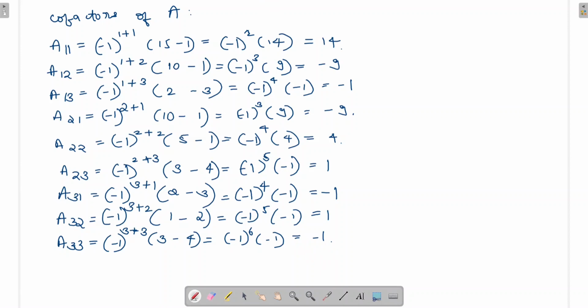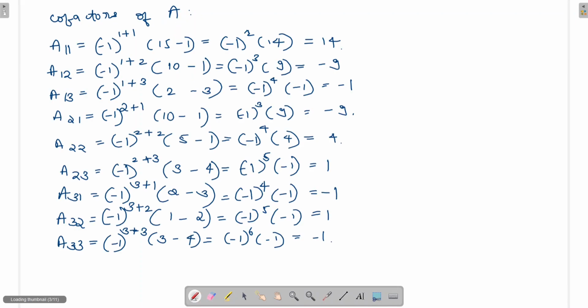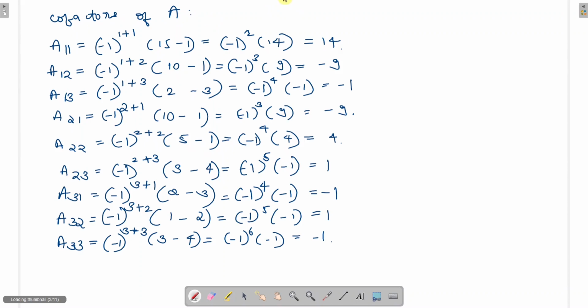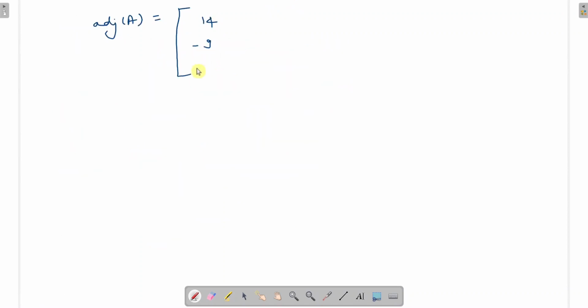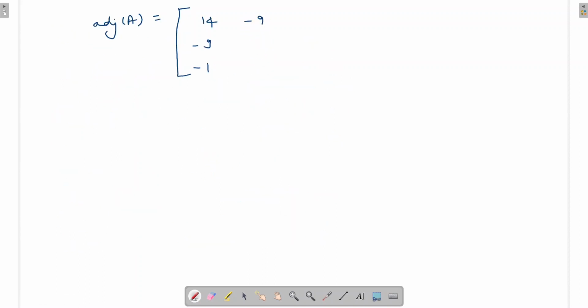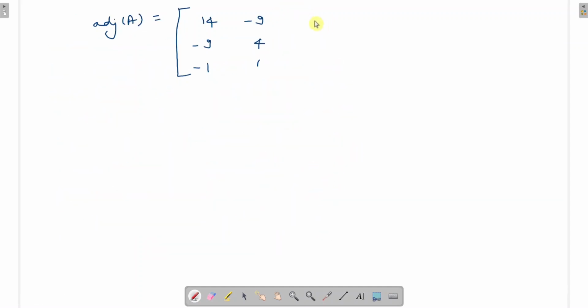Okay, so adjoint of A we can now write. So adjoint of A is equal to matrix 14, minus 9, minus 1, then minus 9, 4, 1, and minus 1, 1, minus 1.